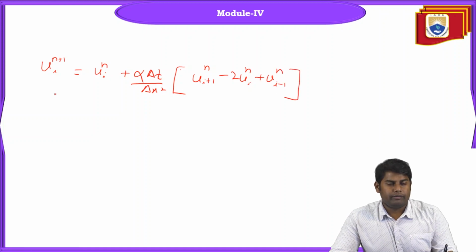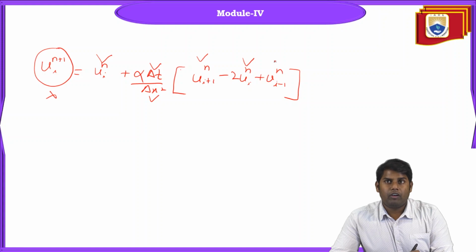So u of i to the power of n plus 1 is the unknown parameter. We know delta t, we know delta x, we know u of i plus 1 to the power of n, u of i to the power of n, and u of i minus 1 to the power of n. So these values are the known parameters and this value is the unknown parameter.